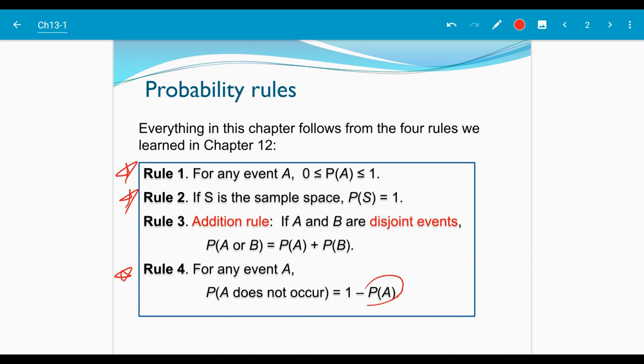Now, the 3rd rule, we had said if A and B are disjoint events or mutually exclusive, then you can add those probabilities together. The key word there being "or." Or means add. Now, this was if they did not overlap one another.